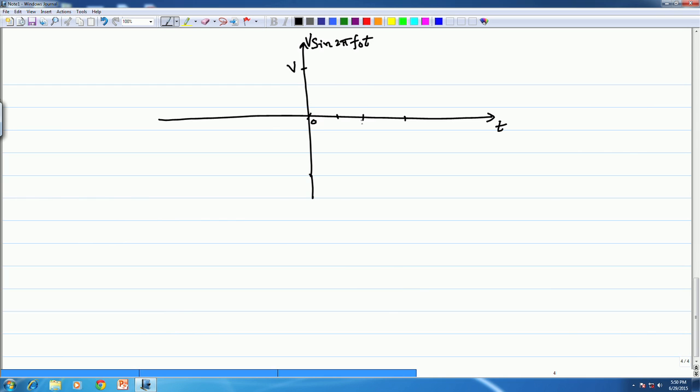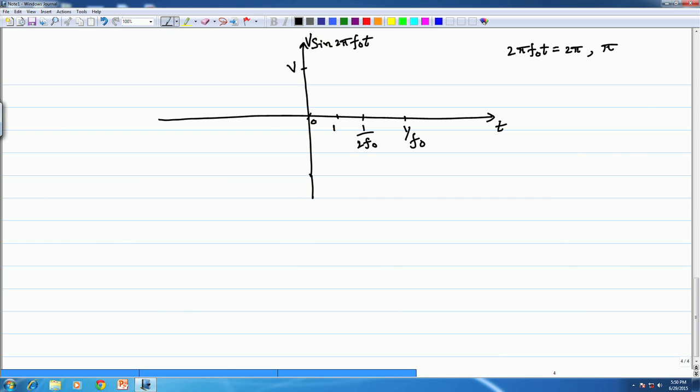Okay. So, the crucial points here are when 2 pi f naught t equals 2 pi, and from there you see t is going to be equal to 1 by f naught. Okay. And the other crucial point is when 2 pi f naught t equals pi, and that is going to be 1 by 2 f naught. Okay.